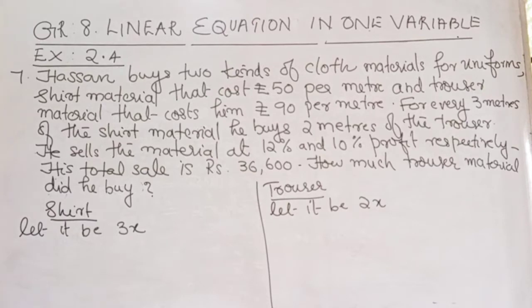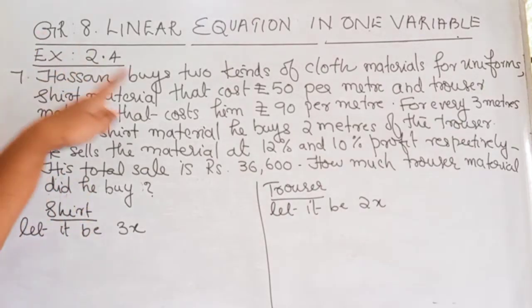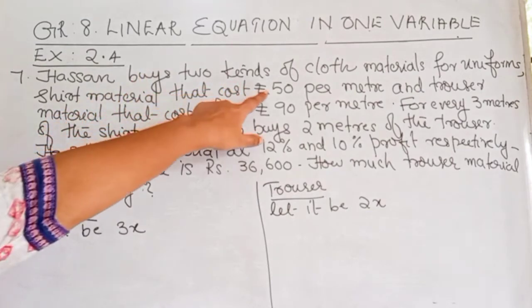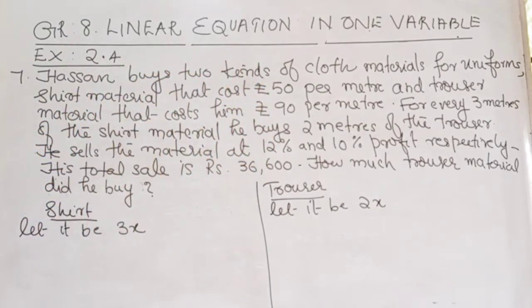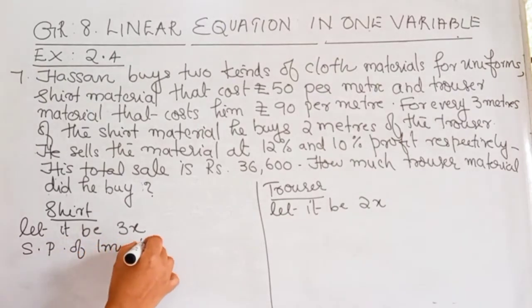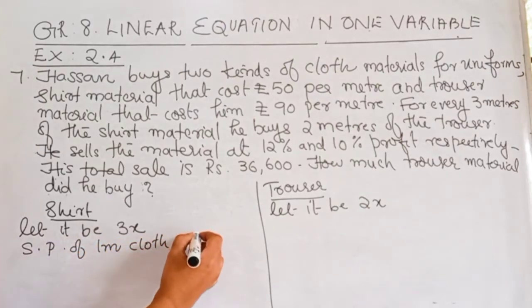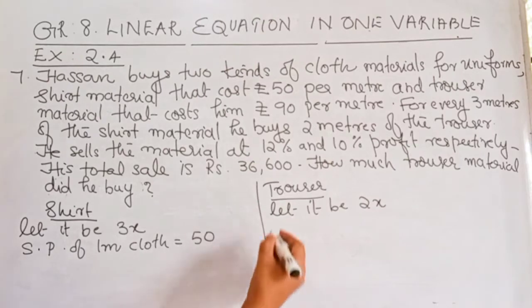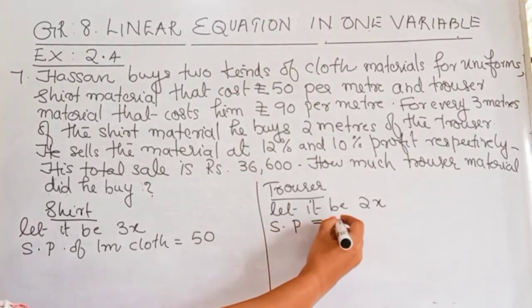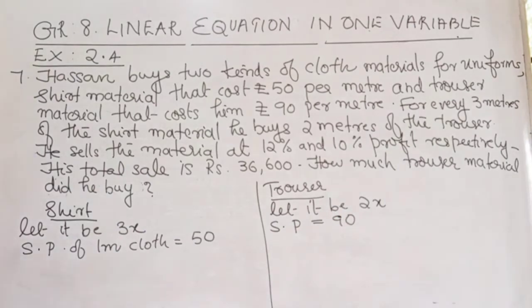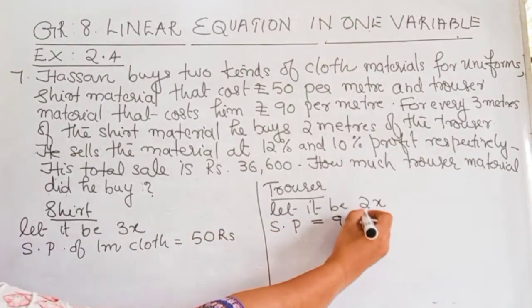Then they have given the price: 1 meter of shirt material costs 50 and trouser material costs 90. So we can find the sale price of 1 meter. The cost price of 1 meter of shirt material is given as 50, and the corresponding trouser cost price will be 90 rupees.